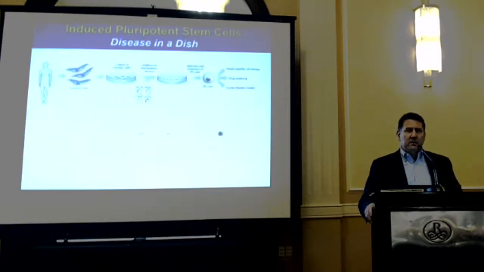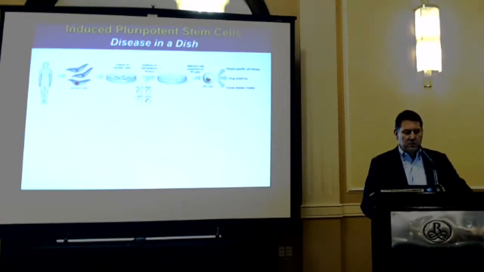So we've been modeling this disease in human neurons that we derive from specialized cells called induced pluripotent stem cells. These are so-called stem cells, but they're derived from a body cell, not from an embryo. And they are now much easier to create than they used to be.